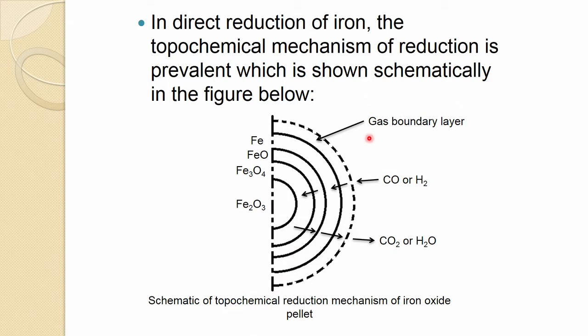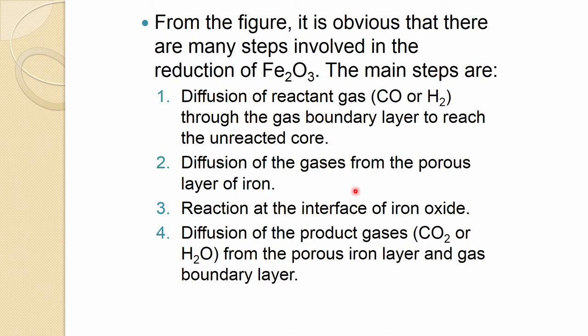So, this is a typical topochemical reaction, and there are many steps involved in this, and some important steps I have mentioned here. So, from the figure it is obvious that there are many steps involved in the reduction of hematite.